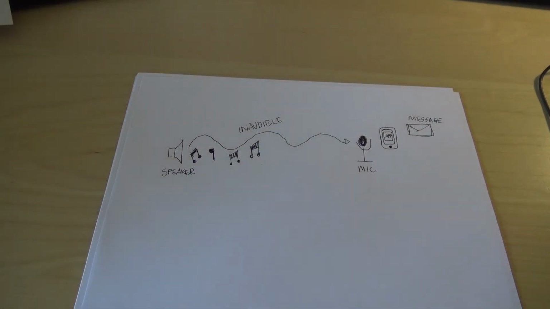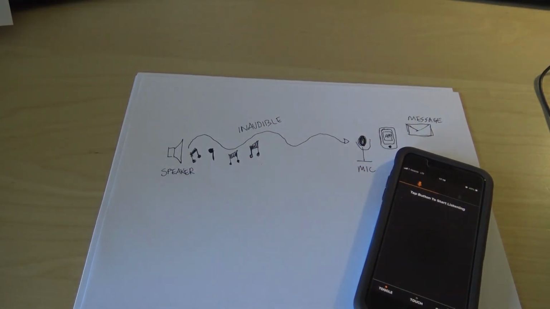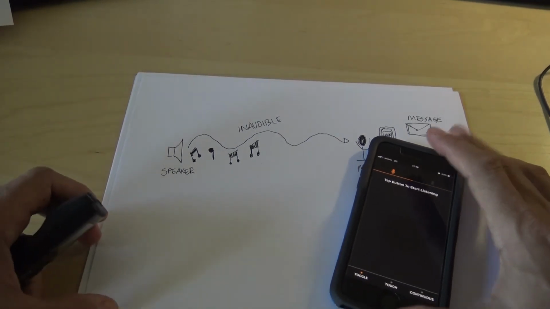And here at the end of the video, I'm going to show you a demonstration of how it works. So here we have an app. Just imagine that it's your app.